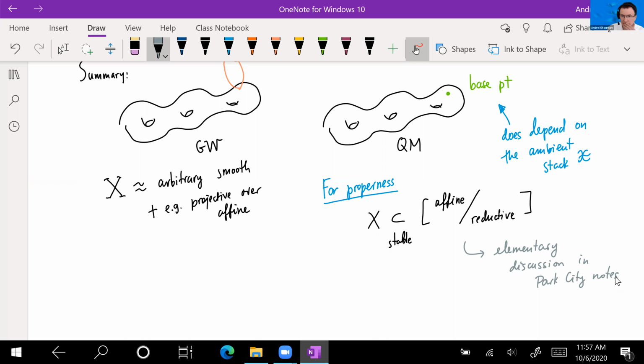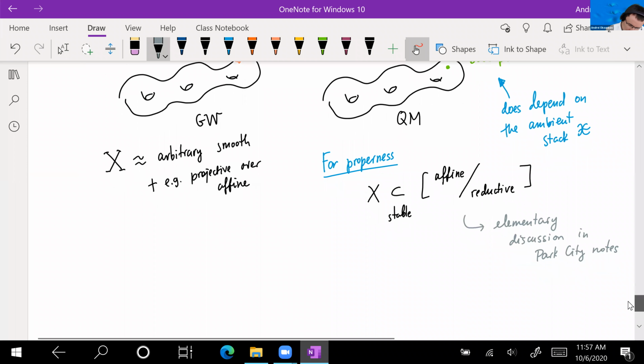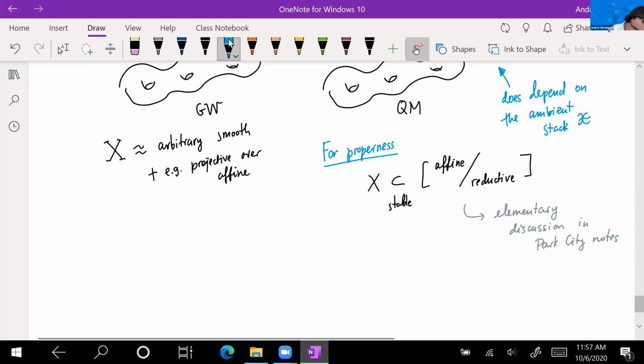There's an elementary discussion of why this is important here for properness. Like I said, for example, this is T star G mod B. The obvious realization will fail because it is a quotient by a non-reductive group. But it's also about obstruction theory.